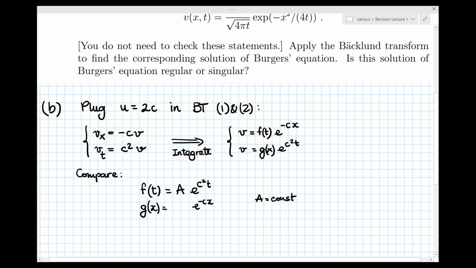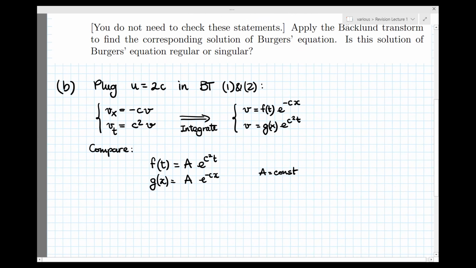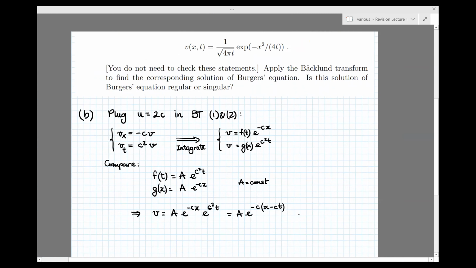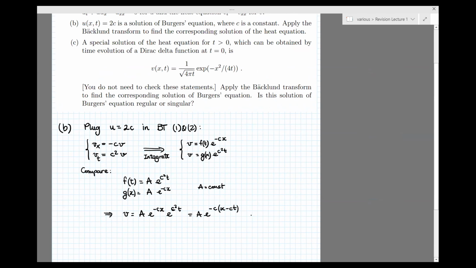In principle, we could call it b, but that has to be equal to a, so that the two expressions agree. And so we find that v is equal to an integration constant a times e to the minus cx times e to the c squared t, or equivalently, that's equal to a times exponential of minus c times x minus ct. So this is a solution of the heat equation.